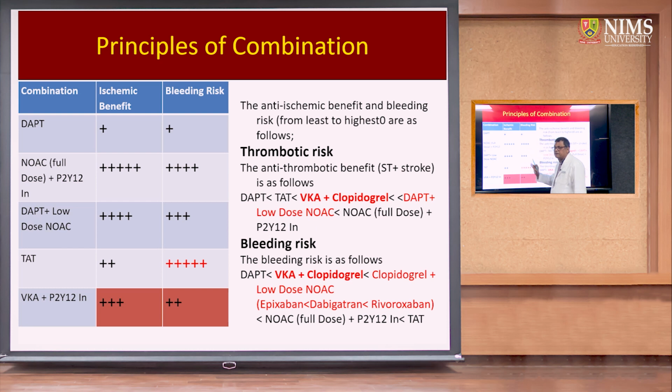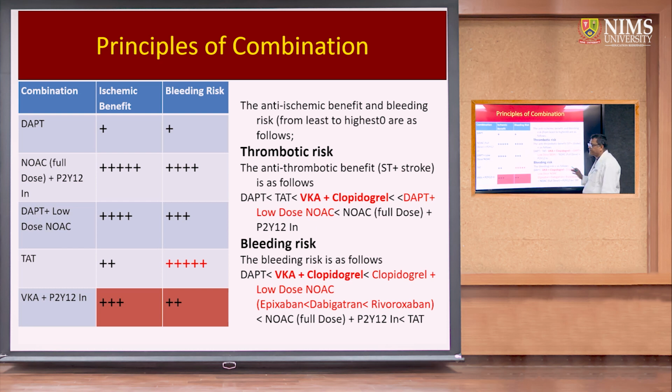This is what you would do if you want more potent antiplatelet activity. But remember that if you combine the two, then the antiplatelet or antithrombotic activity increases, but bleeding risk also increases.